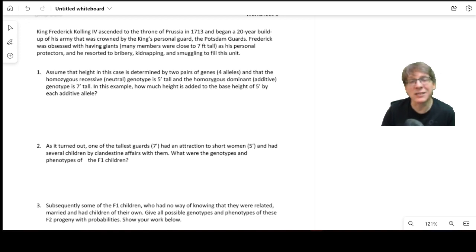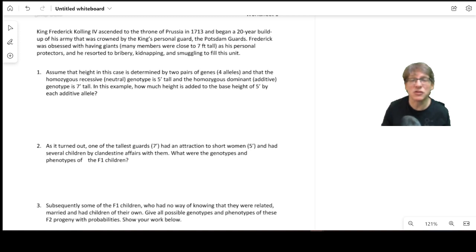Now, when we consider genetic traits, there are different ways that genes manifest in the phenotype, that genotype to phenotype relationship. One is what we study in Mendelian crosses, a dominant recessive relationship.